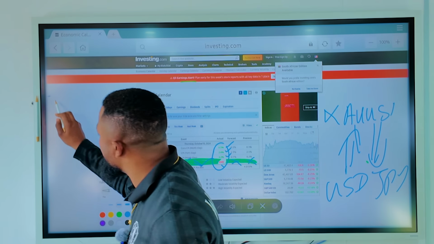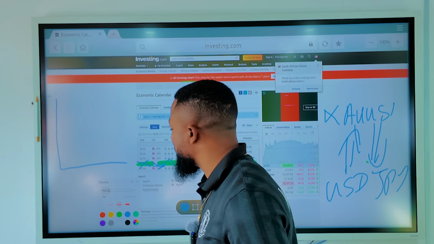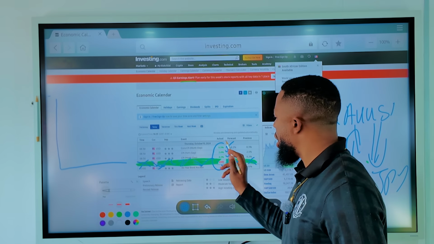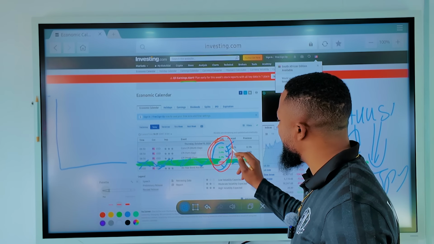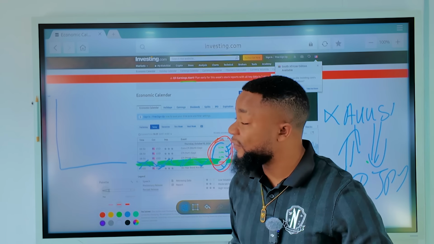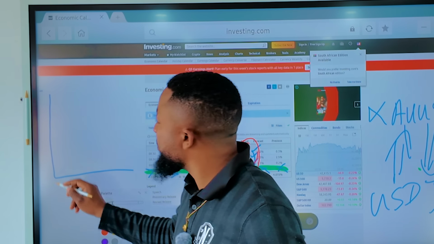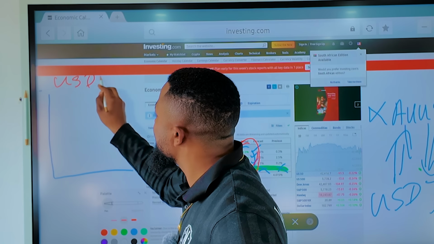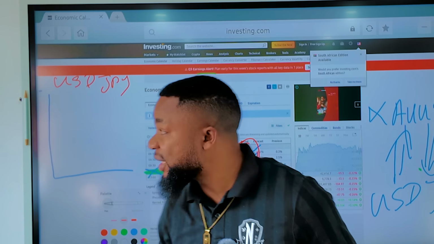So now what do you do? You just go to your chart. Let's just assume this is your chart right here, and all the fundamentals for that particular currency were green, or were positive for the United States dollar. Let's just take something like USD JPY.